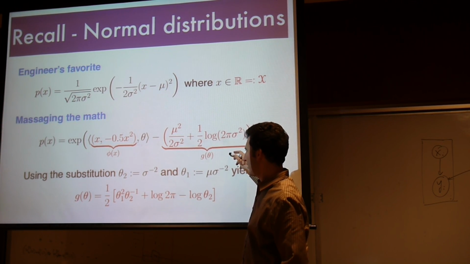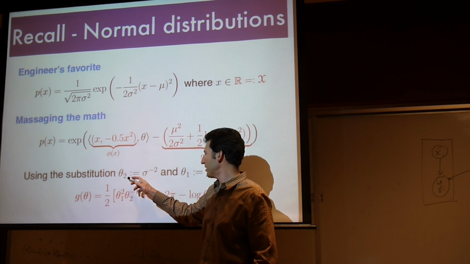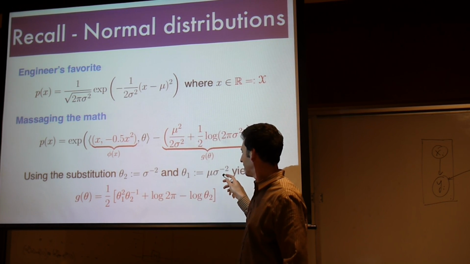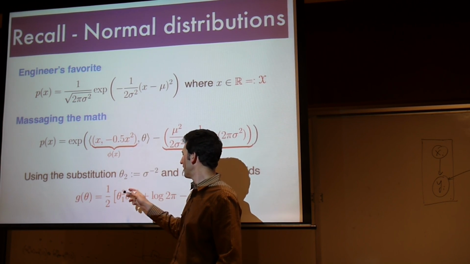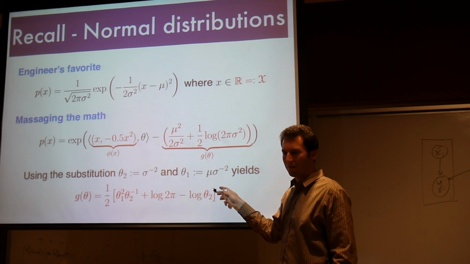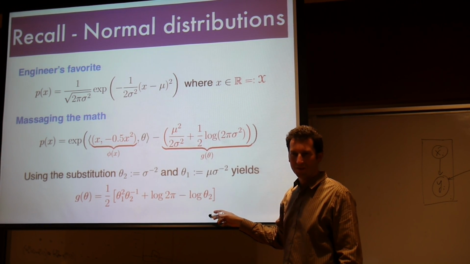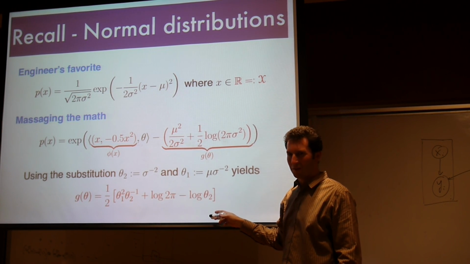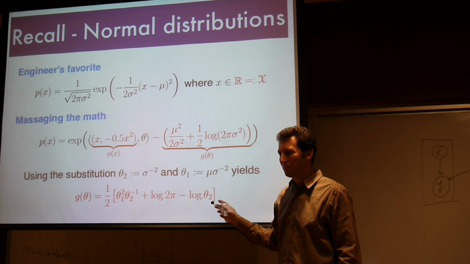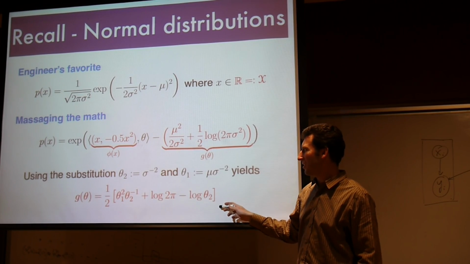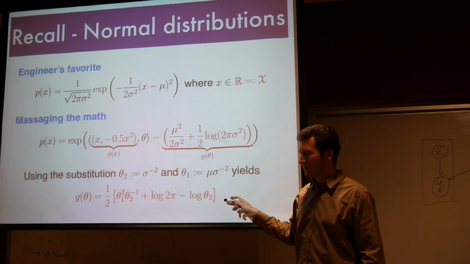And then I just do proper variable substitution in terms of θ2 and θ1 to get an inner product here. And now the normalization is this rather ugly looking term, which however happens to be convex. This is not a term that I could dream up. I would say very few people would be as ingenious as to dream it up, but by just cranking the handle, you get that normalization right away.